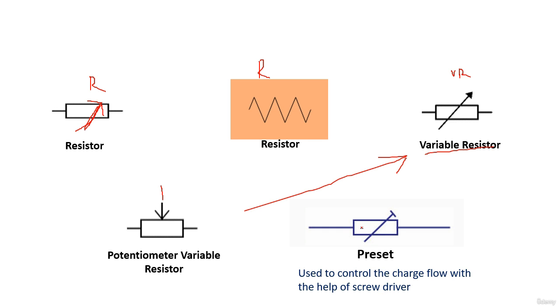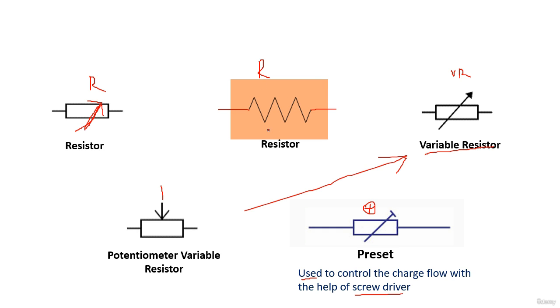This resistor is used to control the current flow with the help of a screwdriver. Always you find a screw here that you can use to control the current flow. So we have here a normal resistor, and also here this is a normal resistor. We'll find the symbol in motherboard schematics for the computer.